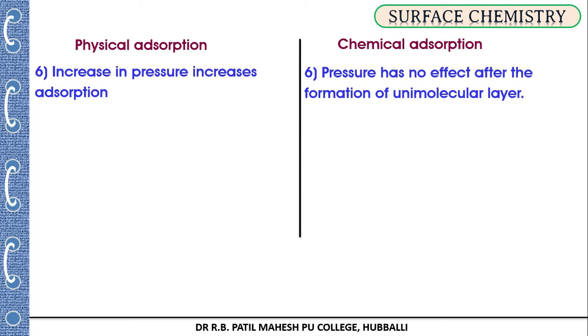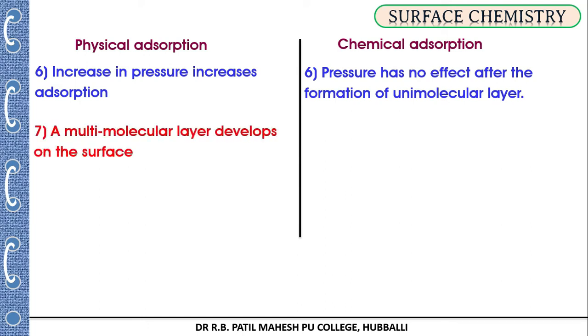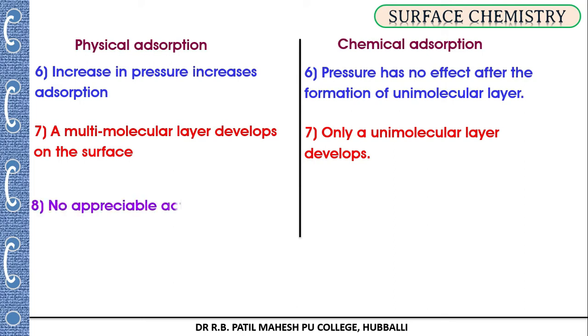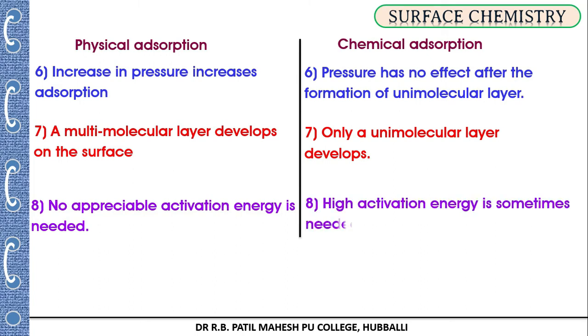Physical adsorption is multimolecular layer adsorption, whereas chemical adsorption is unimolecular layer adsorption. In the case of physical adsorption, no appreciable activation energy is needed, whereas in the case of chemical adsorption, the activation energy needed is very high.